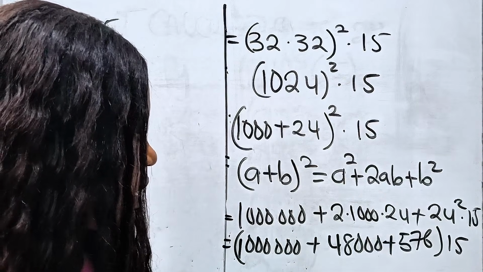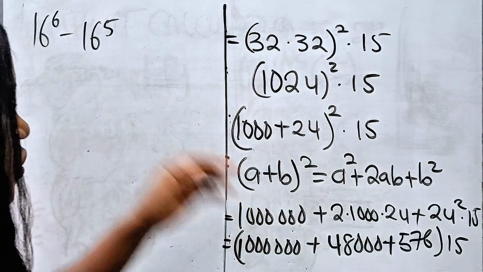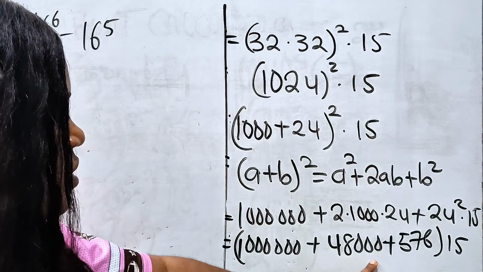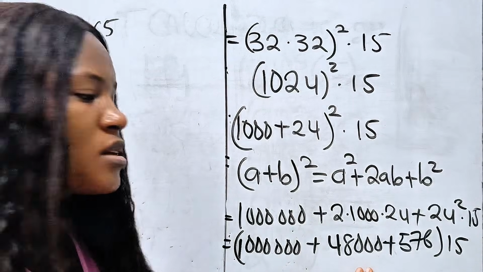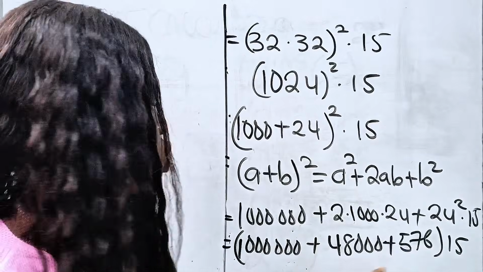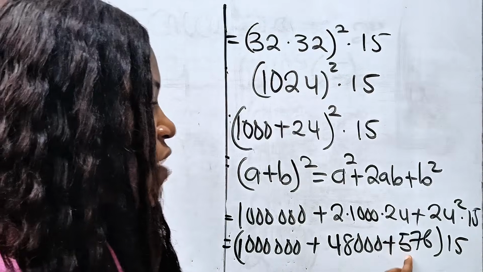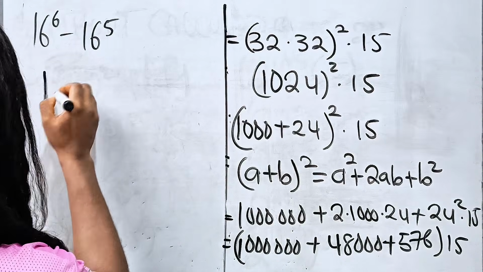So now, solving further, we have 1 million plus 48,000. That should be 1,048,000, right? Plus 576. That should be 1,048,576. So that's what it's going to give us.